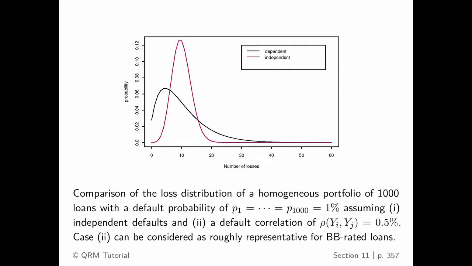The black one is a Bernoulli mixture model where the conditional default probability of all the firms has a beta distribution. It's sort of the simplest dependent Bernoulli model. It's used in practice; it's a standard model. Later on, Alex will explain the underlying model.